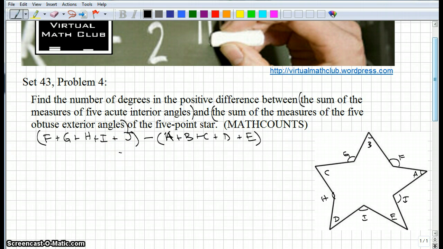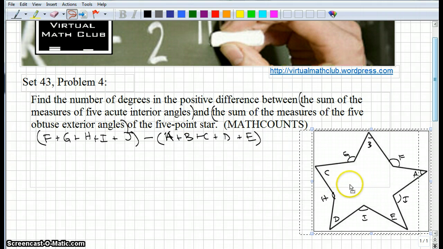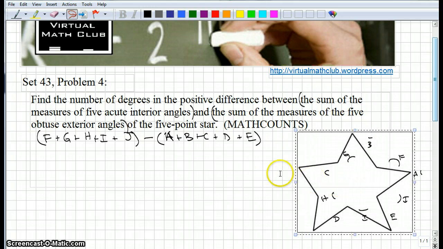Given that, let's see what we can figure out. The first thing I thought of when I saw this problem: my son used to work with a program called Logo back when he was a kid. Oh, that's not good. Let me undo that.